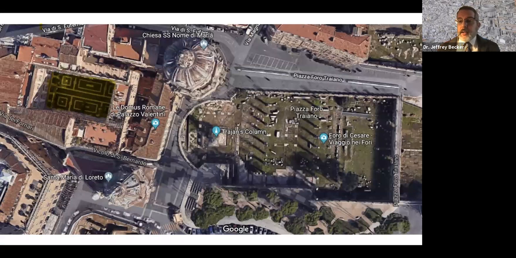The Forum and Column of Trajan are two components of a large, sprawling complex of sacro-civic squares that we conventionally refer to as imperial fora.